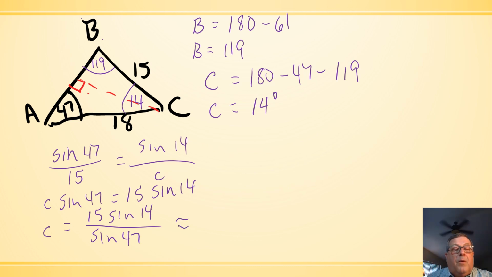That comes to 4.96, so rounded to the nearest tenth would be 5.0.